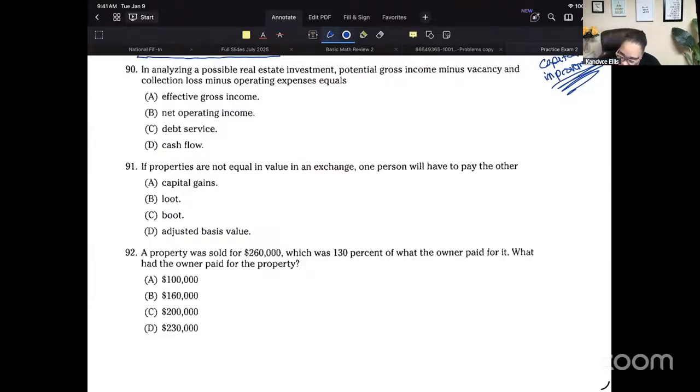So when you take your potential gross income and you subtract vacancies and collection losses, that gives you your effective gross income. And if you take out of that your operating expenses, that gives us our NOI, our net operating income.